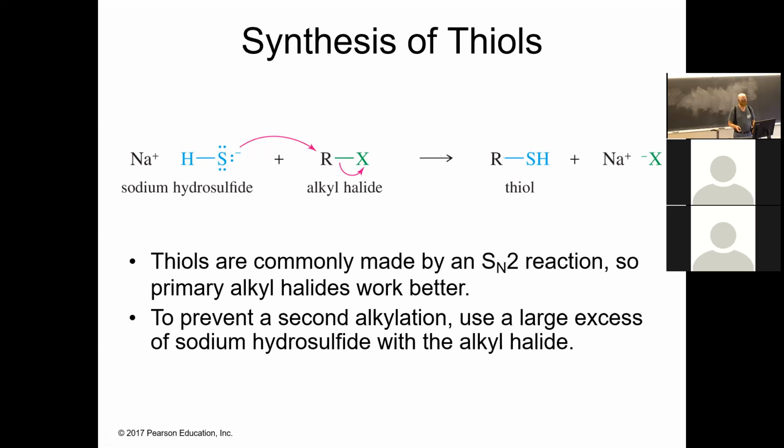So we can get sulfides as a byproduct. To prevent a second alkylation, use a large excess of sodium hydrosulfide with the alkyl halide. Sulfide is the sulfur equivalent of an ether, so RSR.